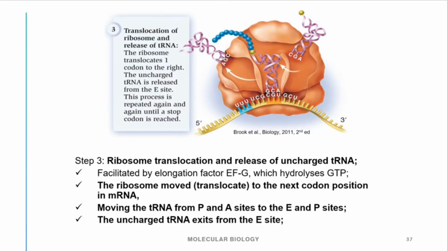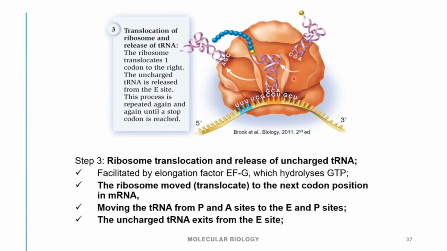So the first tRNA that we saw in step 1, which is this one that has the anticodon AGC, is then pushed into the E site, and the E site has a hole that will allow the tRNA to exit.